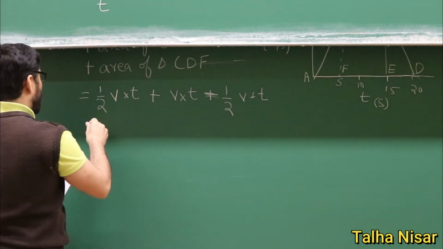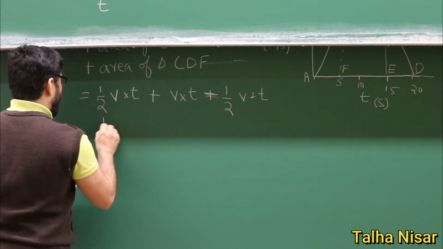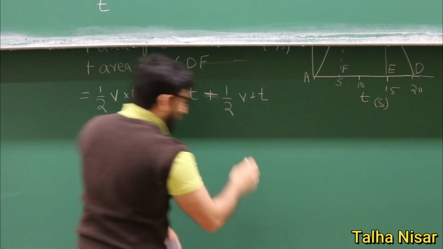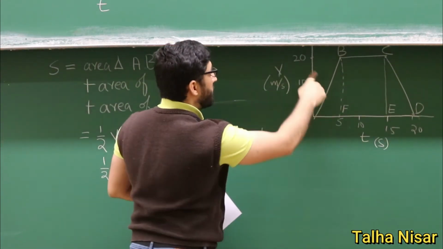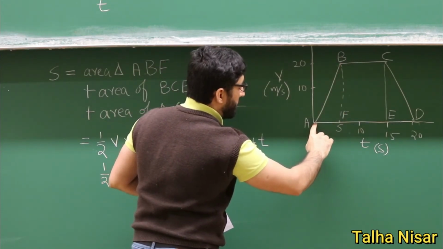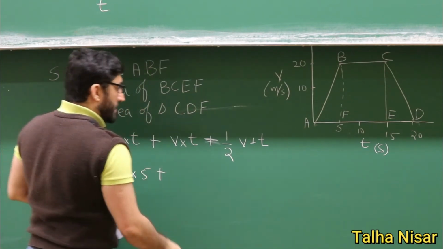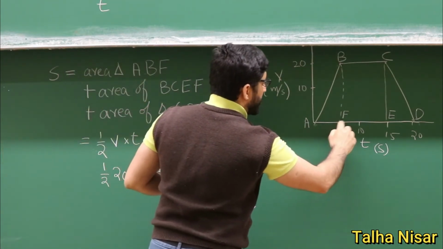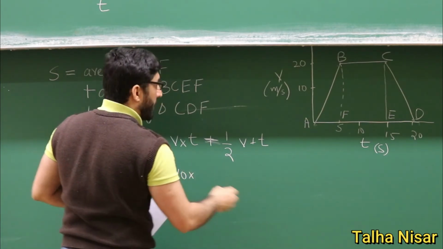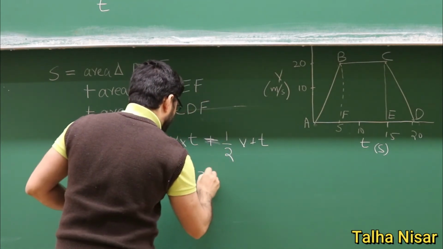So if you put the values, 1 by 2, 20 multiplied by 5. Why? Because we can see the velocity here is 20 and the time from point 0 to here is 5. Plus, it takes 10 seconds from here to here, so 10 multiplied by the velocity, which remains the same, 20.